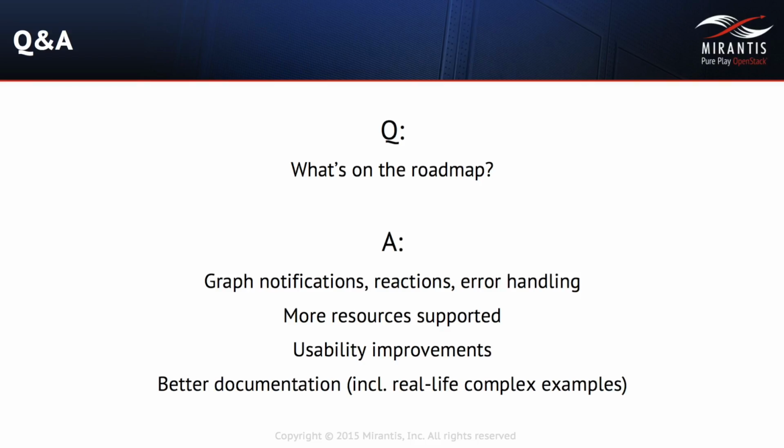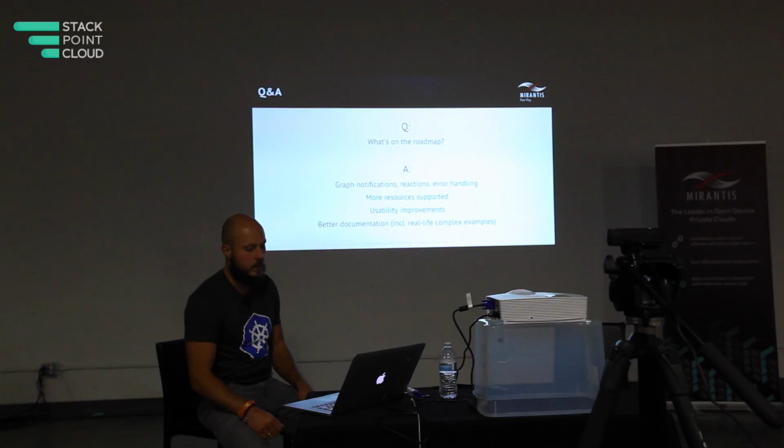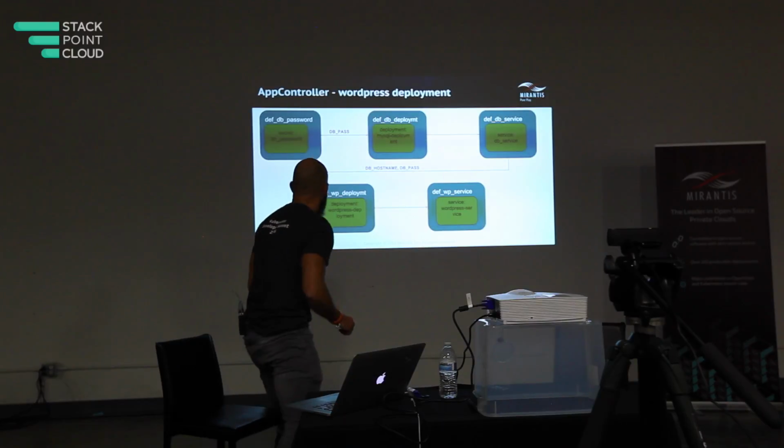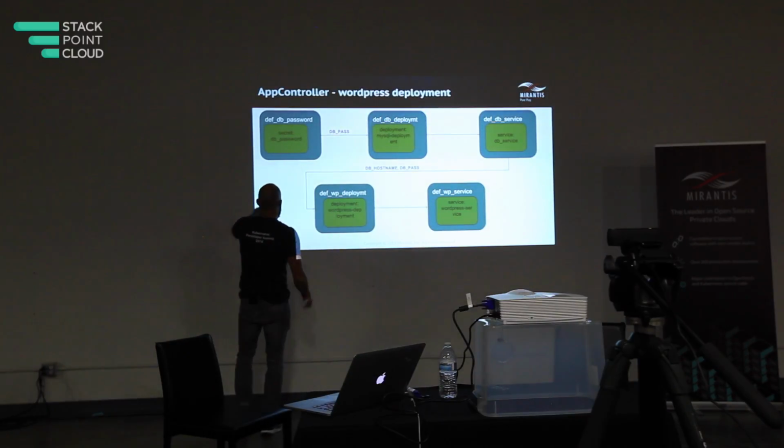What's on the roadmap? What's coming in a couple of weeks is graph notifications, reactions, and error handling. Imagine a situation, if you get back to our example, where you want to change this password.